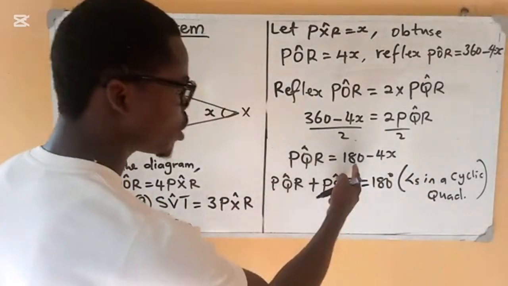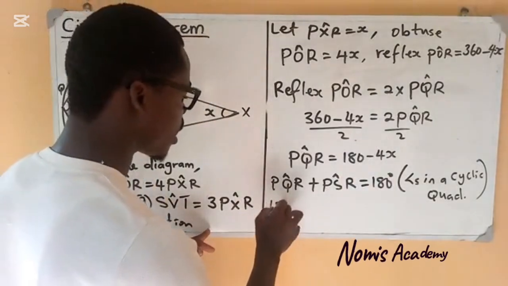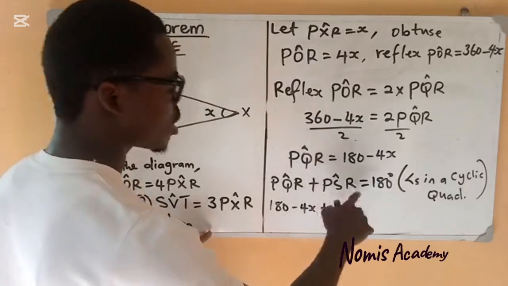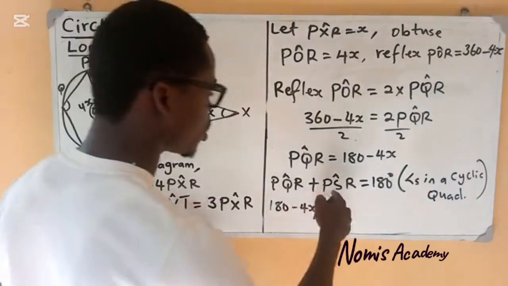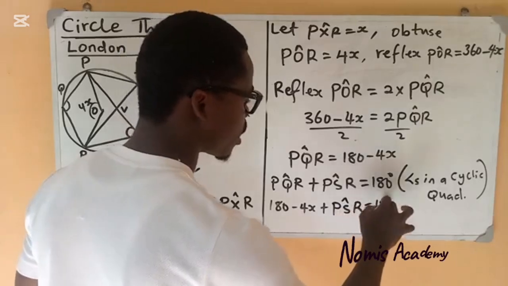So PQR, which is 180 minus 4x, plus PSR, which is what we are looking for, equals 180 degrees.